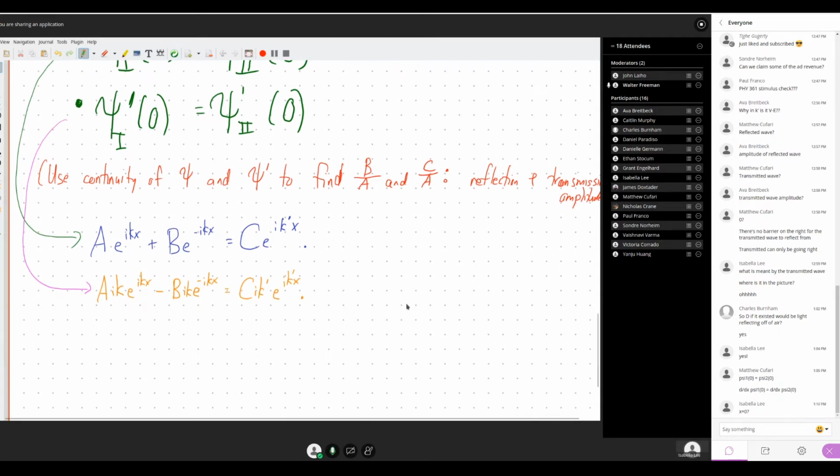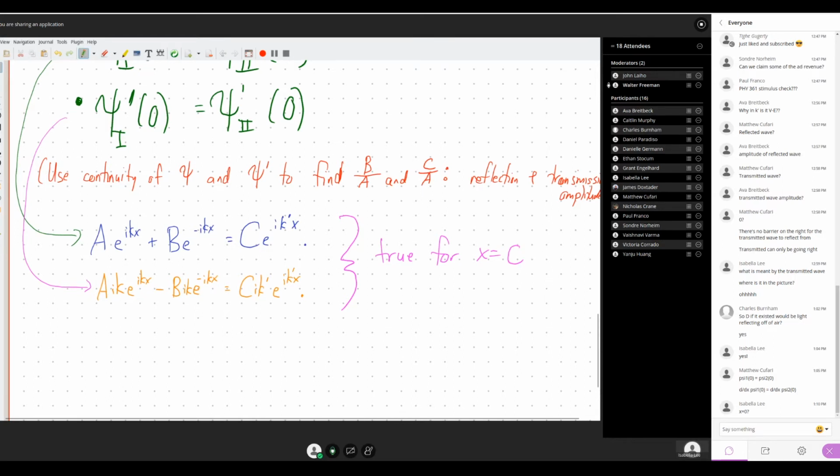X equals 0, exactly. So if they're true only for x equals 0, what is the algebra thing that occurs to us to do? How does this simplify?